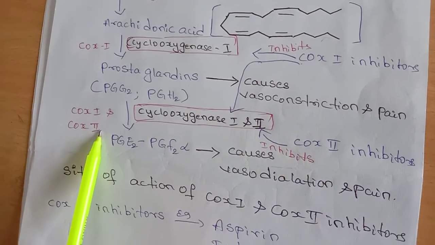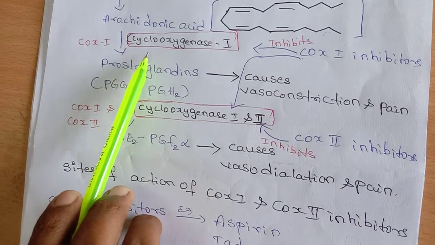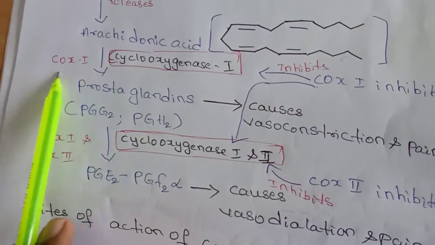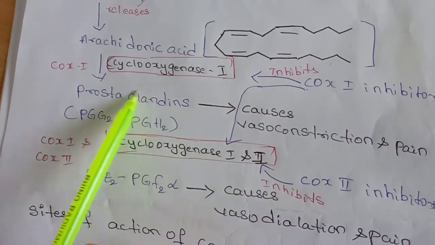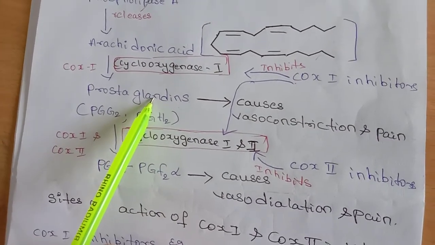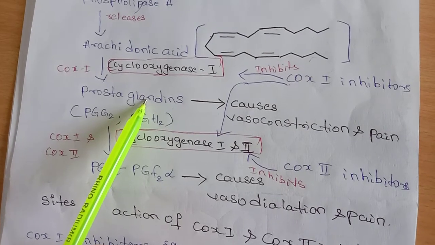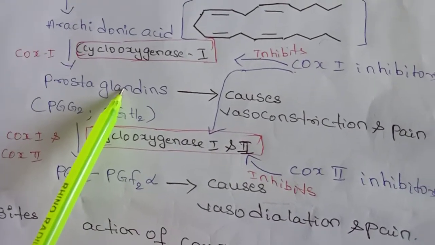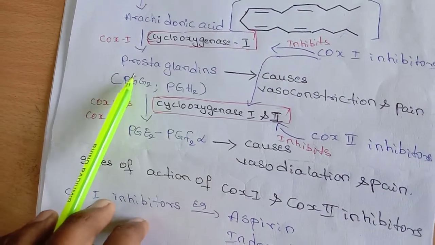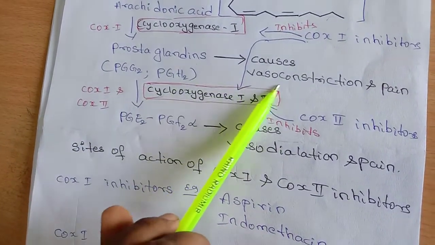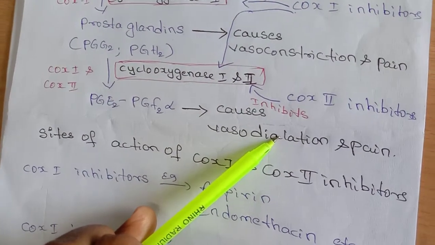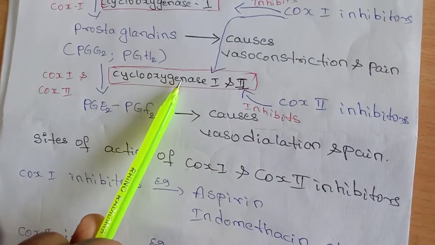This cyclooxygenase, or prostaglandin synthase, catalyzes the reaction for the synthesis of prostaglandins, and these prostaglandins will cause vasoconstriction and vasodilation. So this is a brief introduction to the mechanism of action of NSAIDs.